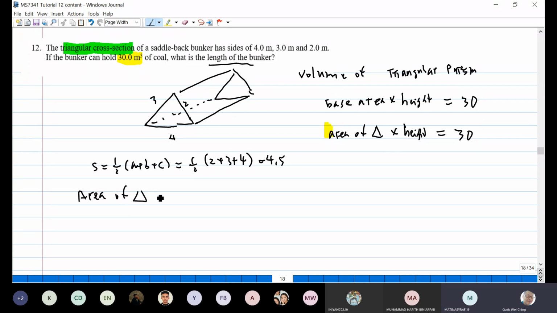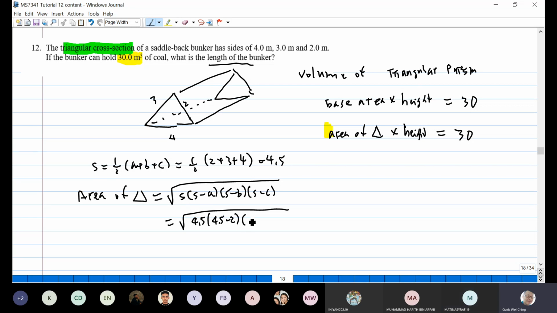The formula for the area of a triangle, the fixed formula, is the square root of S times S minus A, S minus B, times S minus C. A, B, C are 2, 3, 4, so S is 4.5, then 4.5 minus 2, 4.5 minus 3, 4.5 minus 4.